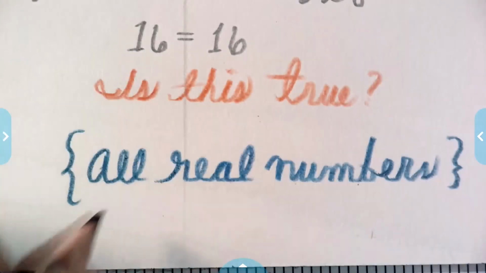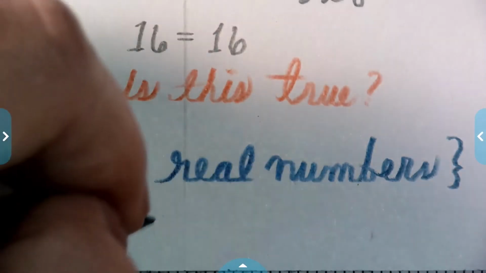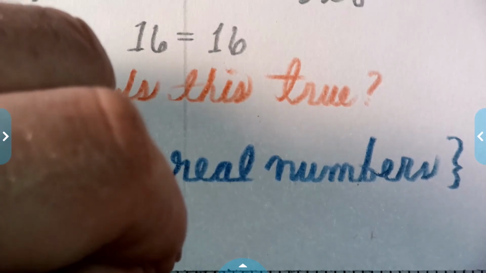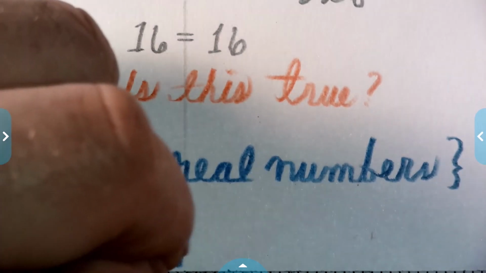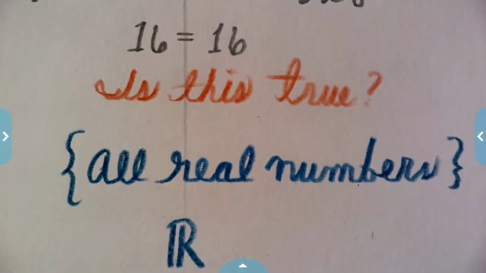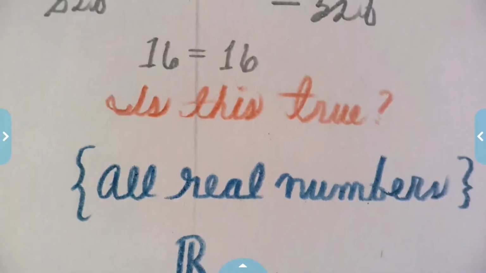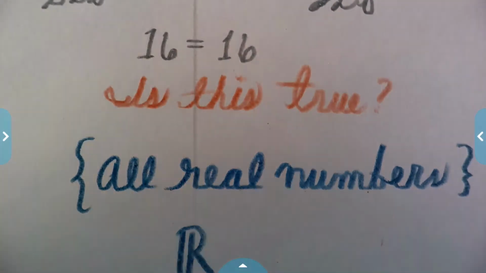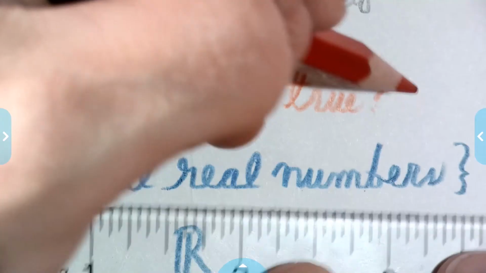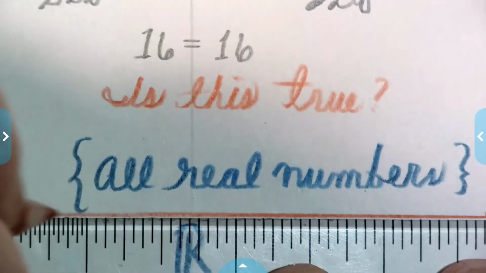Another way of writing all real numbers is to put this symbol. That's the symbol for all real numbers. All right. So that's 9. It's a weird one, right? For sure. But this is the answer.